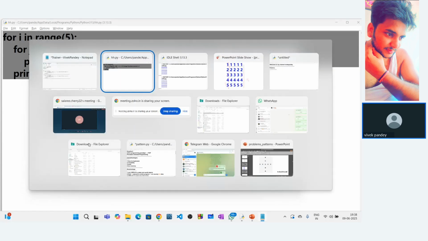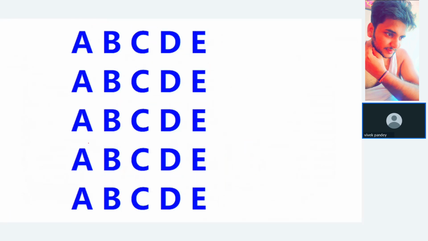So the second pattern is done. Let's go with the third pattern. See here, we need A, B, C, D, E. How can we do this? We wanted A. Guys, do you remember what the ASCII value is?